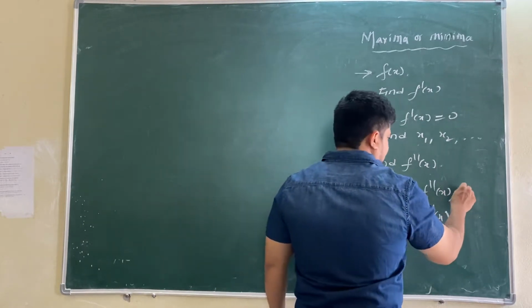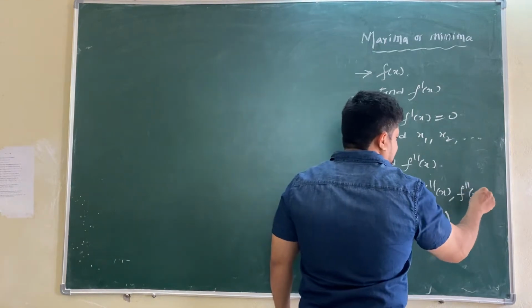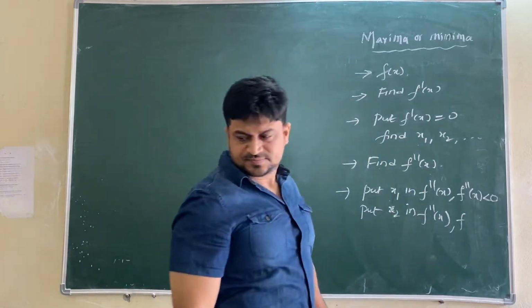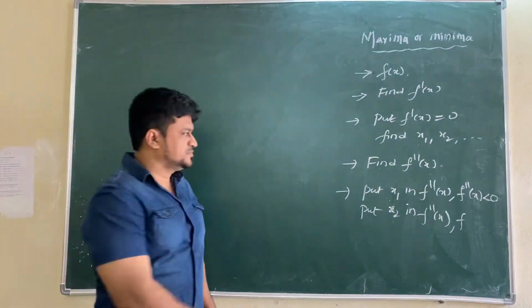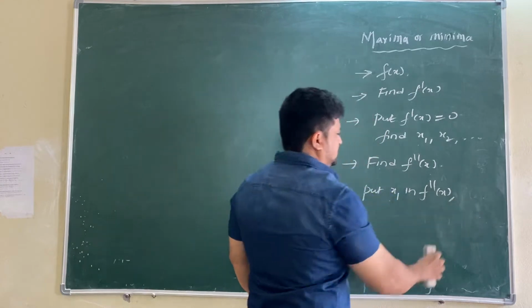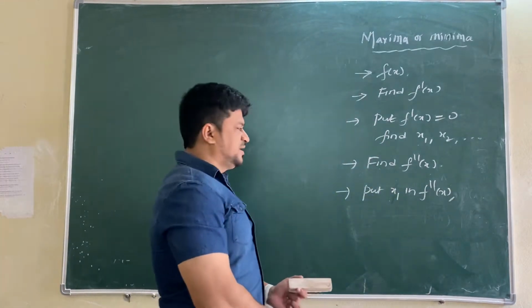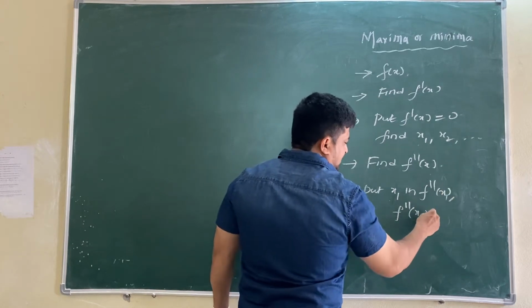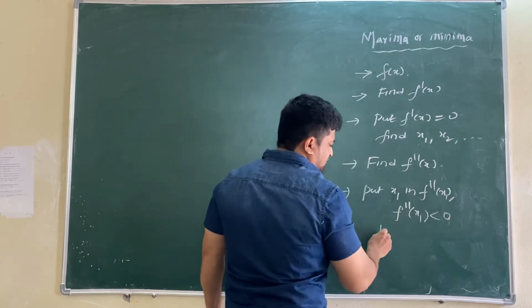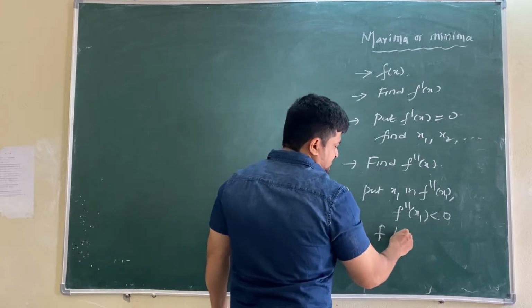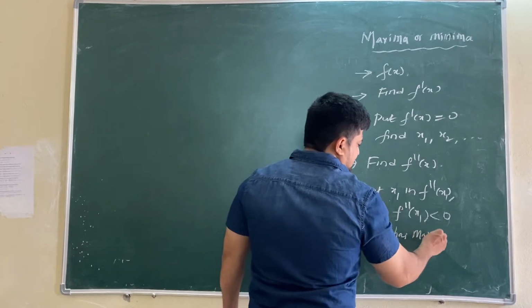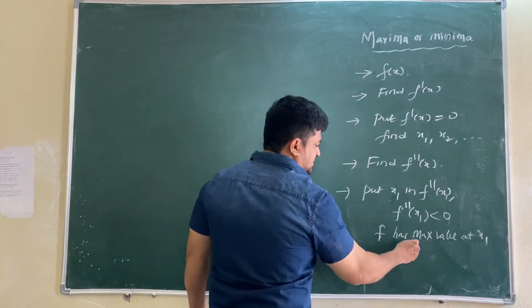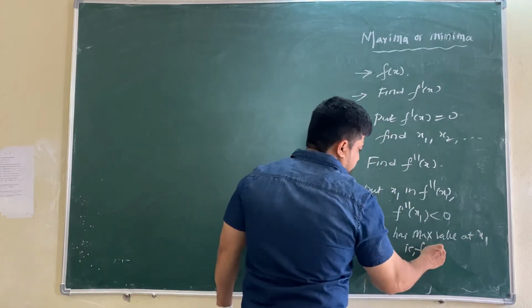If f double dash of x1 is less than 0, less than means f has maximum value at x1, that is f of x1.